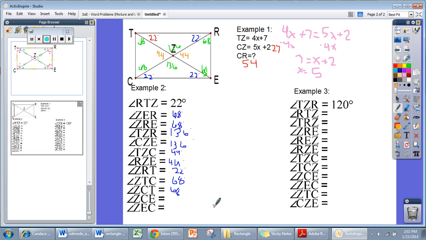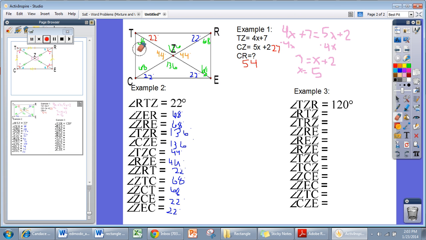ZCE, we have 22. And then last but not least, ZEC is 22. Not too bad.